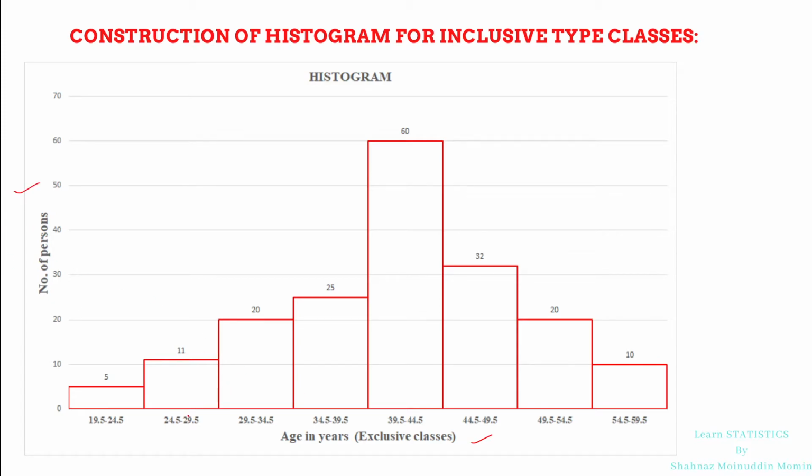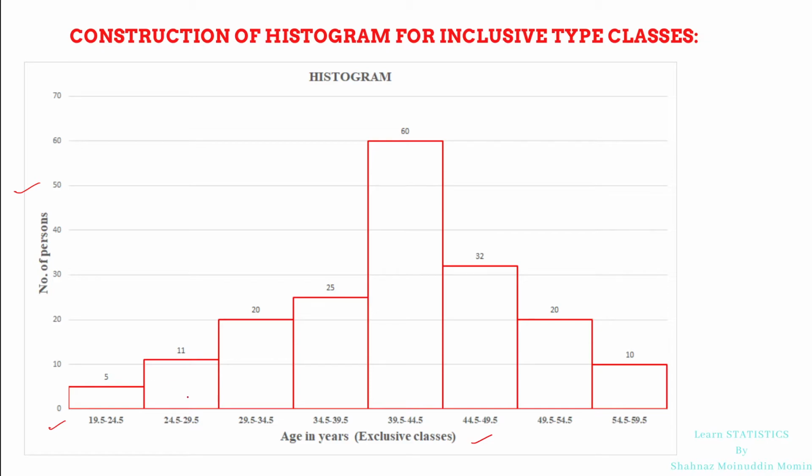I have taken age in years along the x-axis, number of persons along the y-axis. Then we have drawn the rectangles whose height is proportional to the frequency of that class, means our first class is 19.5 to 24.5 having the frequency 5. So we erect a rectangle with height equal to 5.